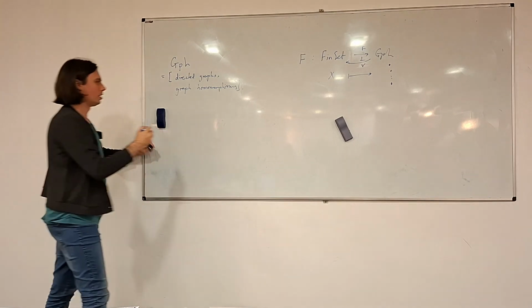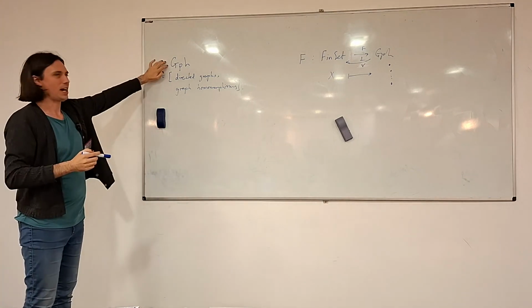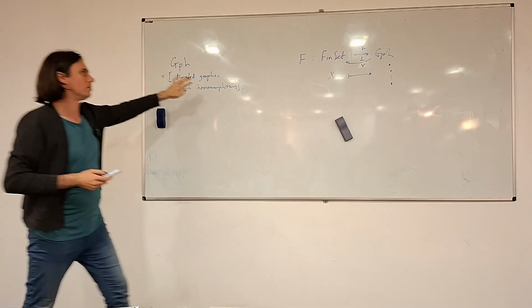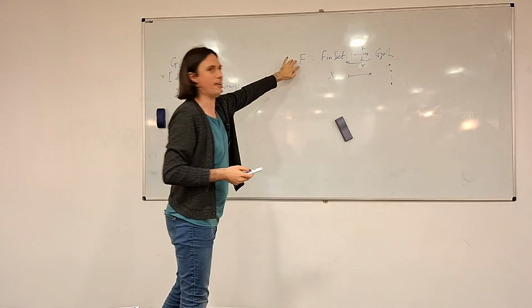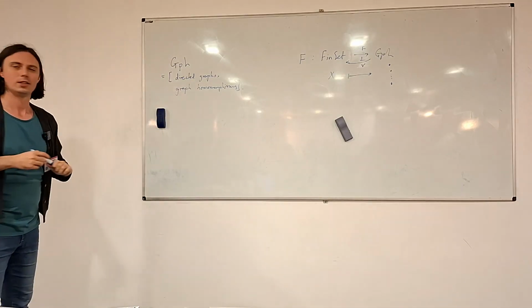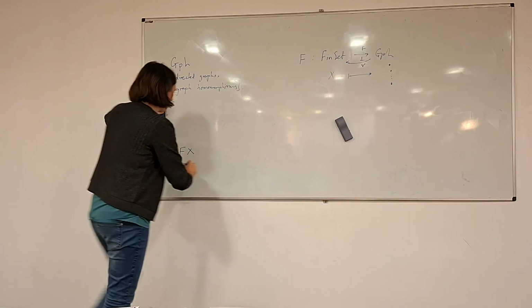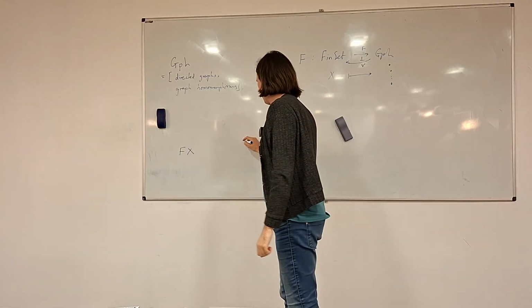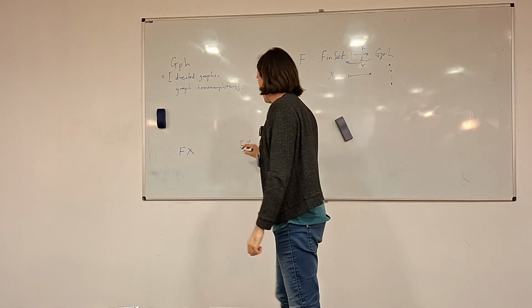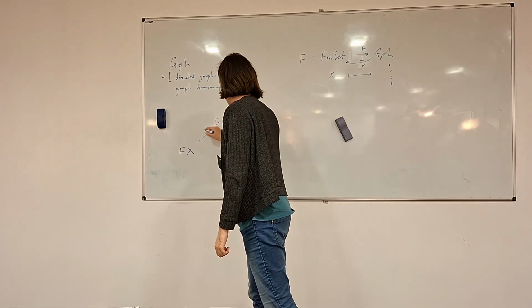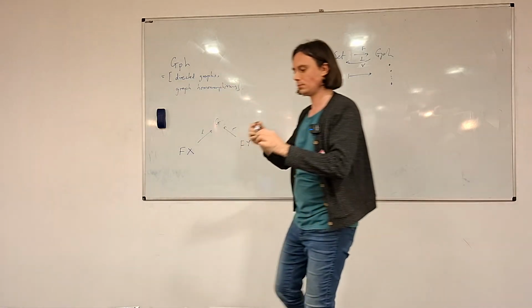But think about cospans in the category of graphs whose feet are in the image of F. So they're discrete graphs. I have the discrete graph on some set X, the discrete graph on some set Y, and then I have my graph. And then I have two graph homomorphisms like this, which are called L and R.